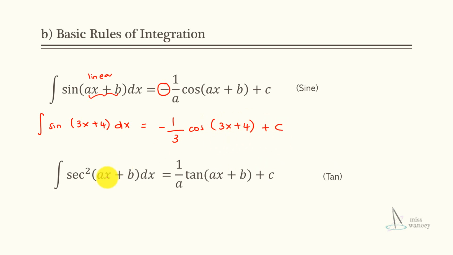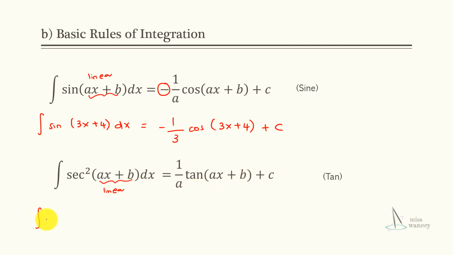So the last one, if we have to integrate secant square of ax plus b, again this is linear. It will become 1 over a tangent of ax plus b, plus c.